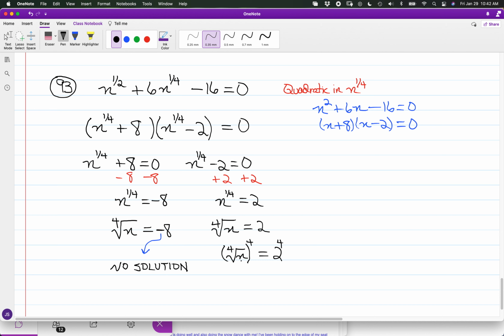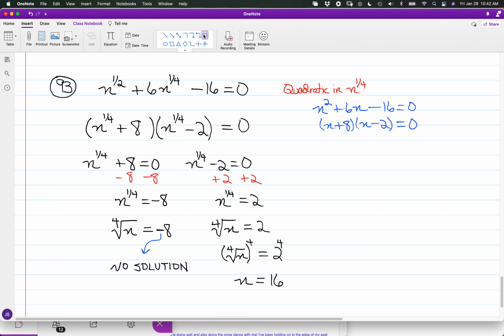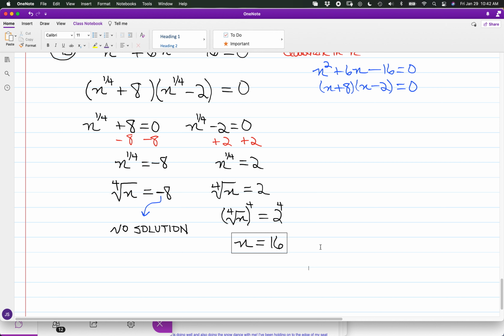Again, the exponent and the radical cancel, so you have n. And for 2 to the 4th, that's 2 times itself, times itself, times itself. For this result, n is equal to 16. And we will be looking into further cases of equations quadratic in form.